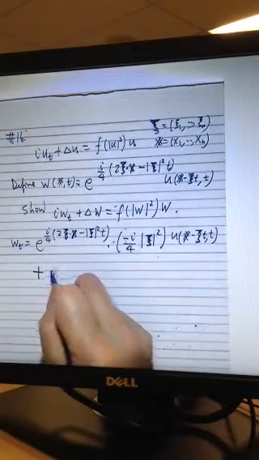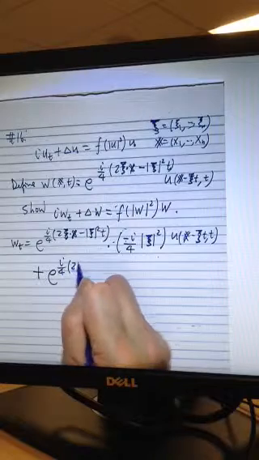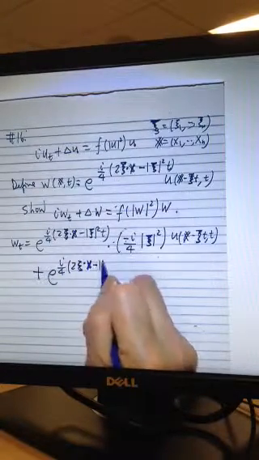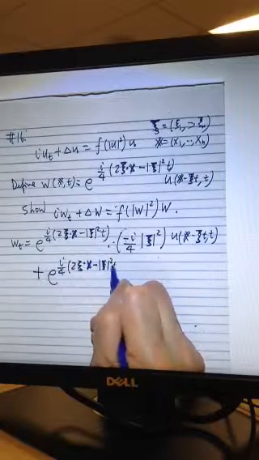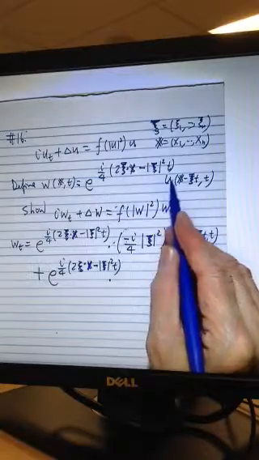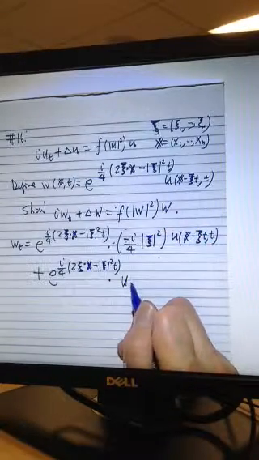Plus e^{i/4(2c·x - |c|^2 t)} times the derivative of u, differentiating with respect to t.